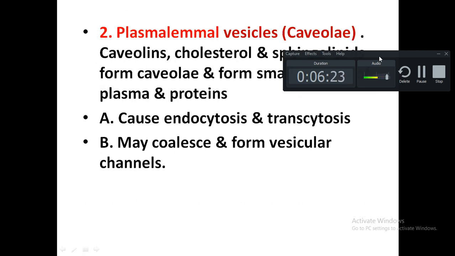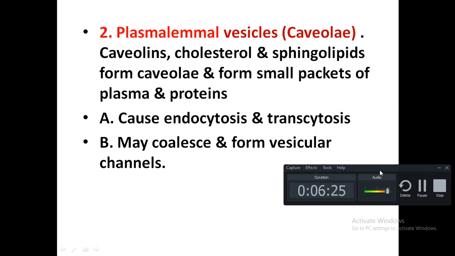The second type of pores present in the capillaries is called the plasmalemmal vesicles, which are also called the caveolae. Caveolae means small caves. These caveolae are actually formed with the help of a protein called caveolin, and then cholesterol molecules, and then sphingolipid molecules, and they form small packets of plasma and proteins.